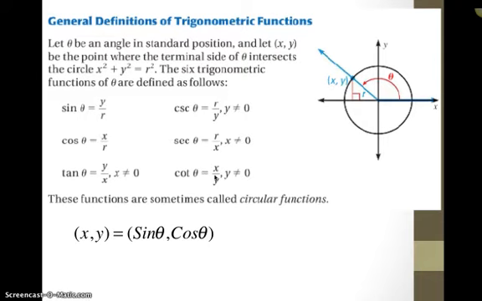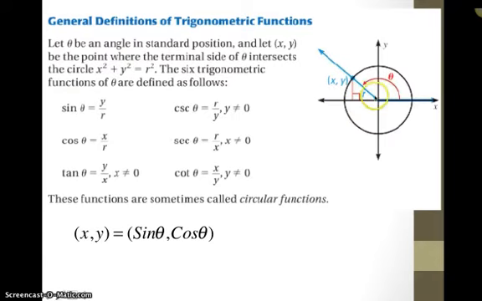You may remember from geometry this equation of a circle centered at 0, 0: x squared plus y squared equals r squared, right? And I can just see that value here, that this is y, this is x. So x squared plus y squared equals r squared. So that gives us the general definition of our 6 trigonometric functions on the coordinate plane.